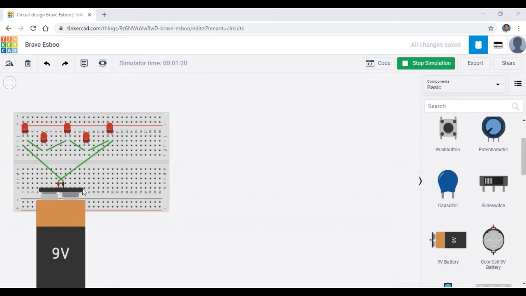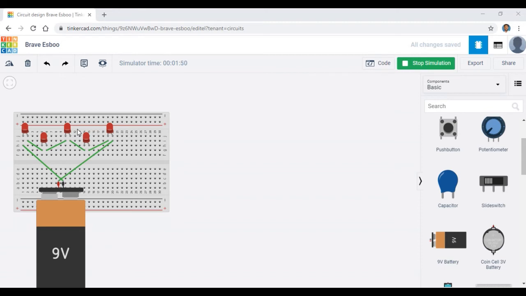The 9 volts which we are giving to this circuit will be shared by all these LEDs. This LED takes 1.8 volts, this LED takes 1.8 volts, this LED takes 1.8 volts. Like that, if you calculate the total voltage, 1.8 plus 1.8, right? 3.6 plus these two, 3.6.